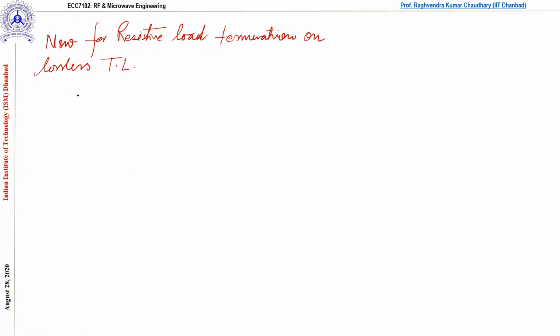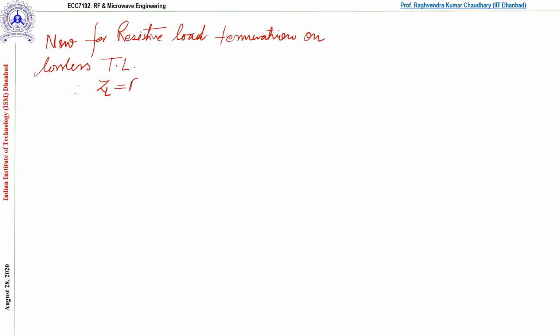Now I'm writing here: for resistive load termination on lossless transmission lines.